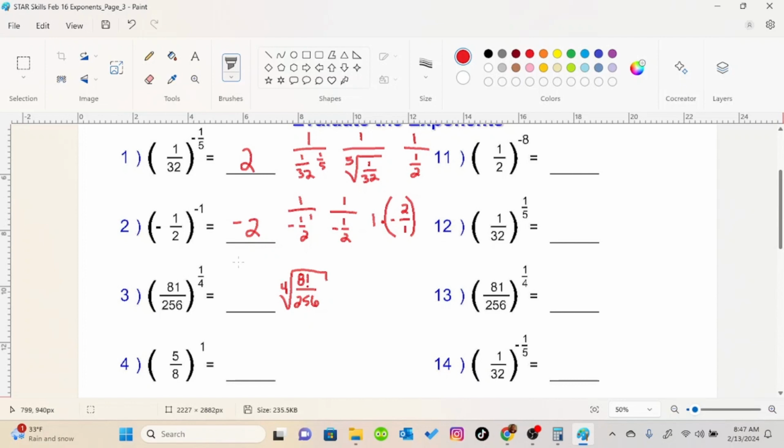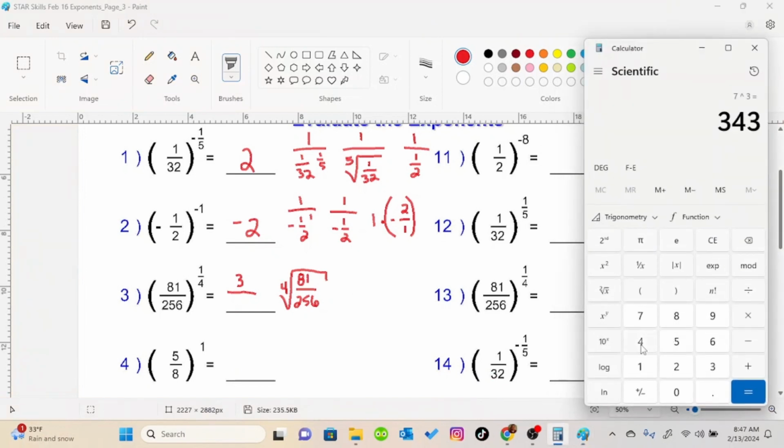So 3 to the 4th power is 81. So our top number is going to be 3. Now we need the number that when multiplied by itself 4 times equals 256.